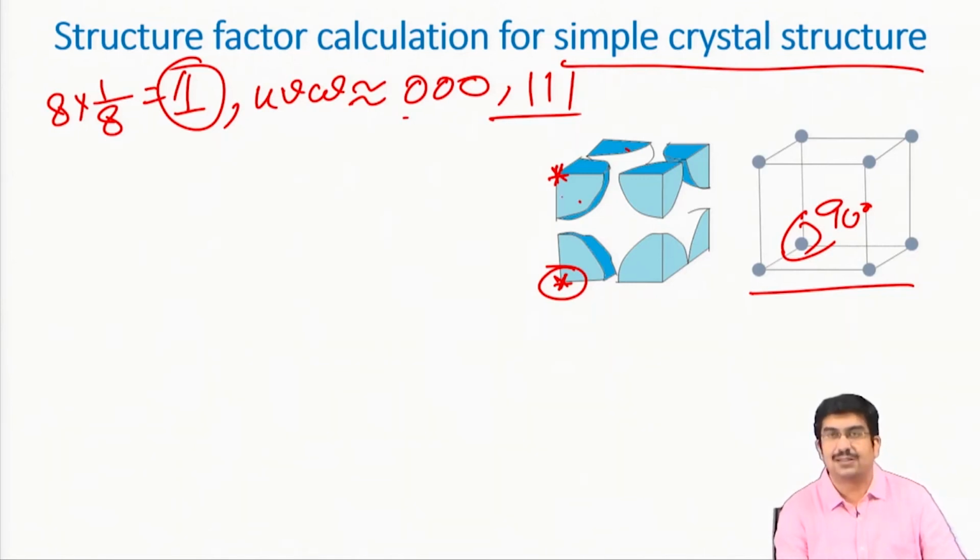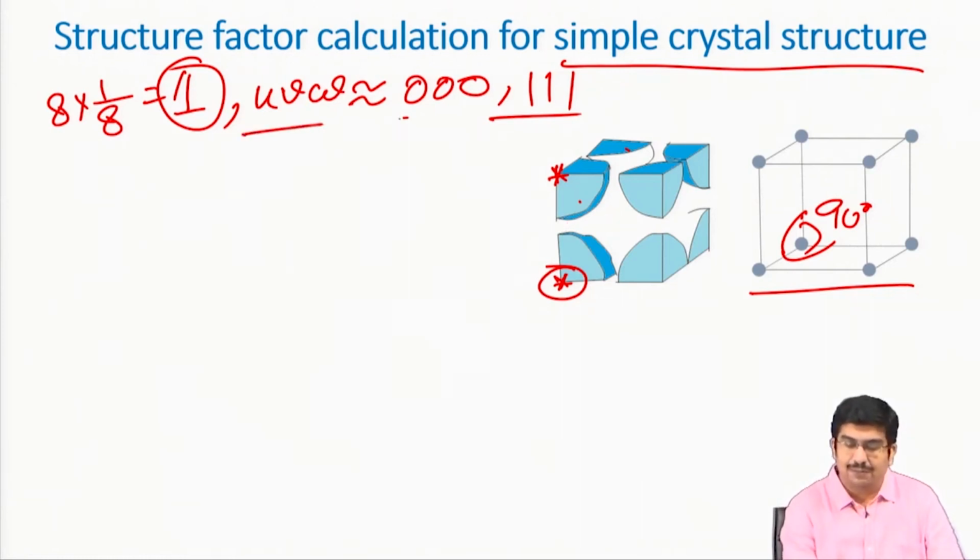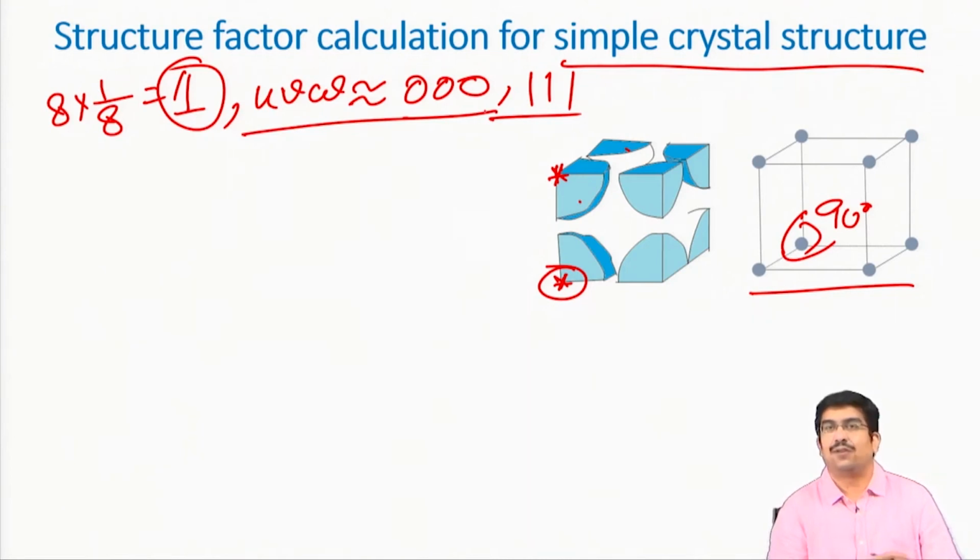I can simply shift the origin here, and then the atom which I was imagining as 1, 1, 1 now becomes 0, 0, 0. So effectively, the fractional coordinates UVW for all atoms in this structure will be 0, 0, 0. One single atom at fractional coordinates 0, 0, 0. Nothing else.